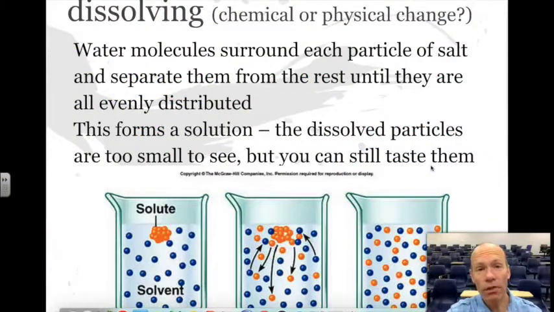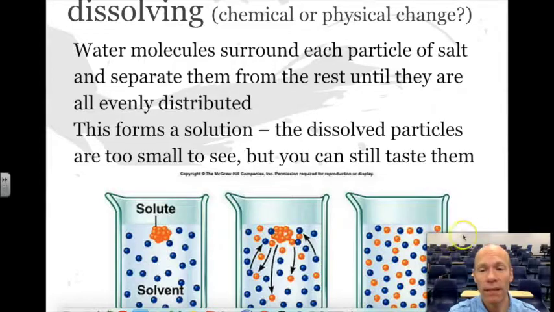In order to make a mixture, you have to go through the process of dissolving. So in this process, water molecules will start to surround each particle of salt and separate them from the rest until they're all evenly distributed. So if you see in this picture, this could be salt or sugar or anything that you put into a cup of water, and then slowly the water molecules mix around with the molecules of the salt or sugar or whatever it is, and then eventually all those particles become evenly distributed.